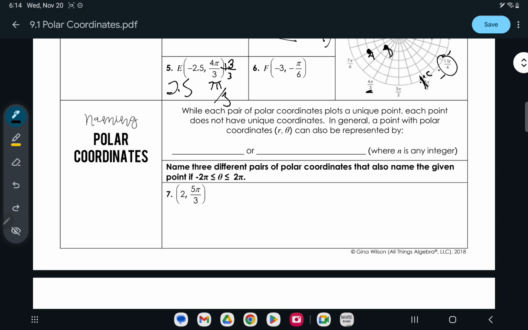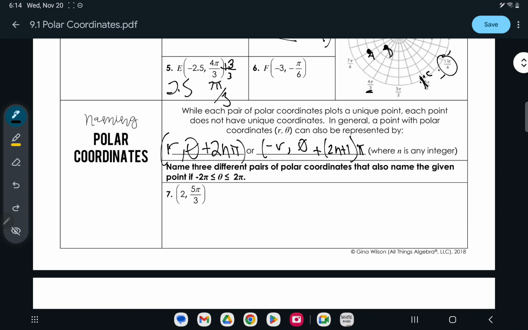So we could say we have r, theta plus 2n pi, or we could have negative r, theta plus 2n plus 1 pi, where n is any integer.